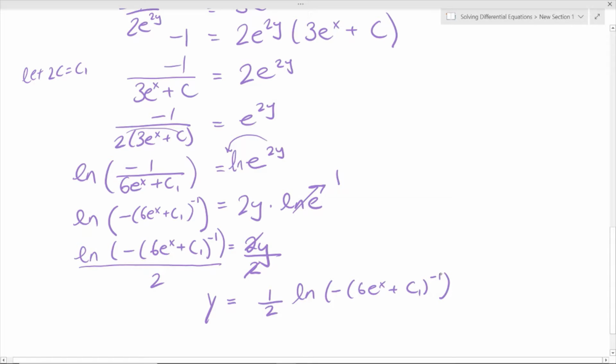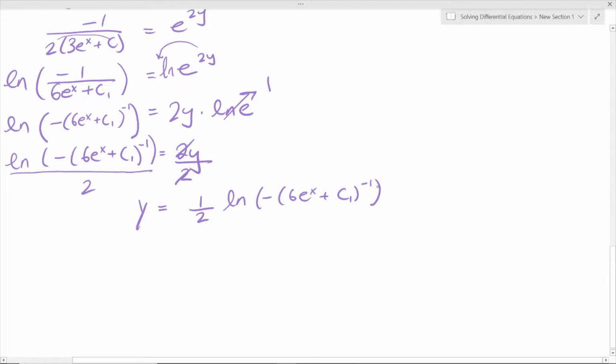And why did we change this to -1? Well, we see here it says -1, right? We can also apply it to this negative right here. So we can say that this is equal to 1/2 ln of -1 to the exponent of -1, and 6e to the exponent of x plus c1 to the exponent of -1 as well.